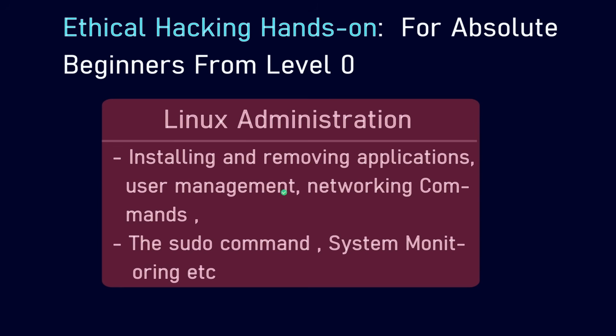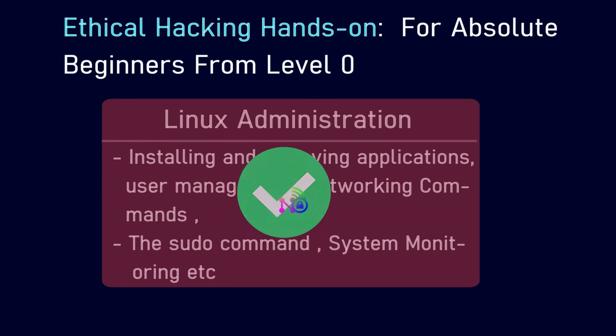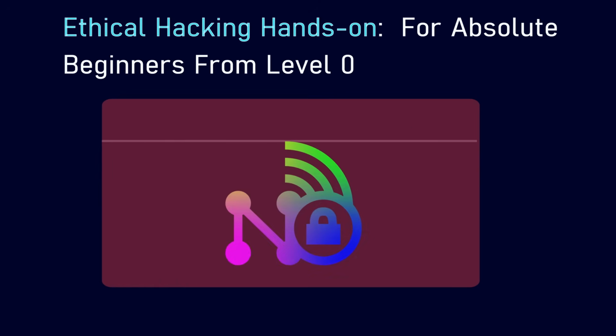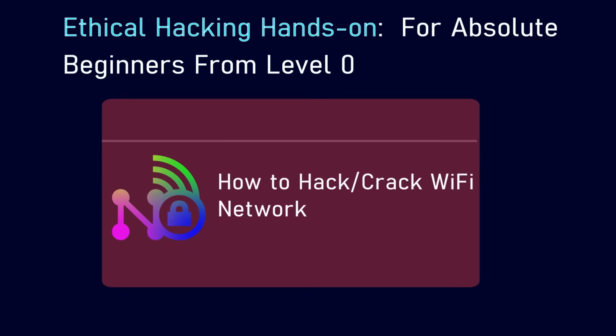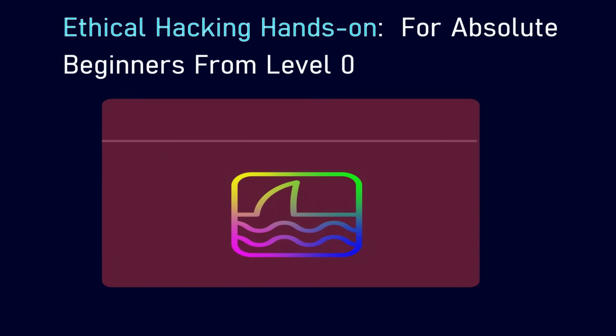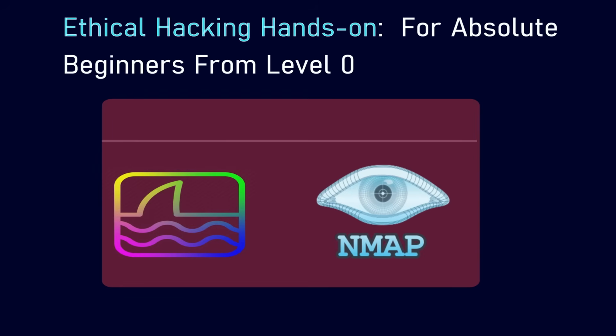Once fundamentals are done, we will move on to wireless security, where you are gonna learn how to perform Wi-Fi penetration testing and defend against Wi-Fi attacks. Then we will move to Wireshark, which is one of the most important tools in cybersecurity, and learn how to use it. We will also cover Nmap and many more tools.